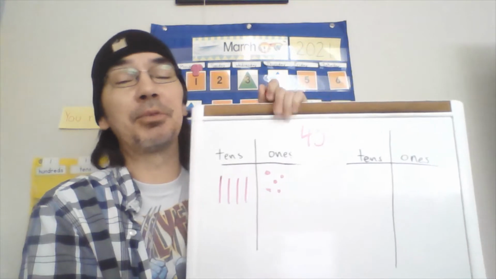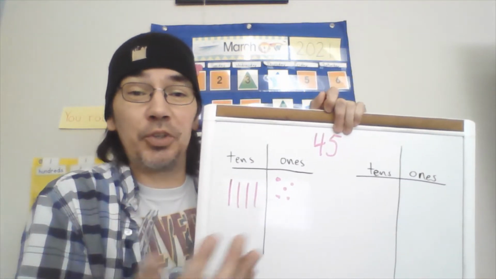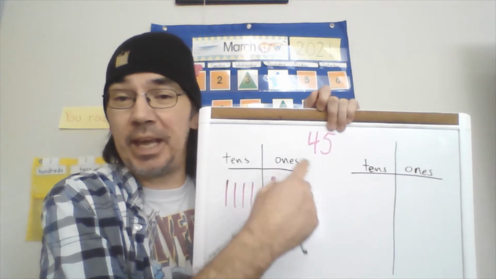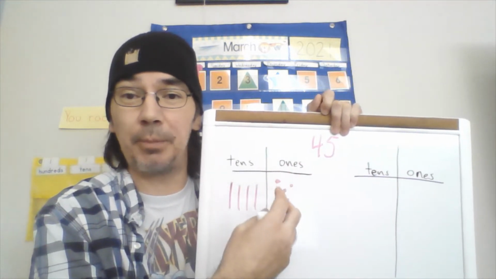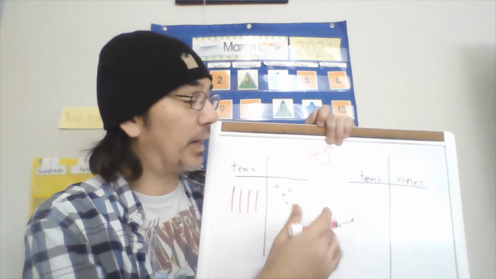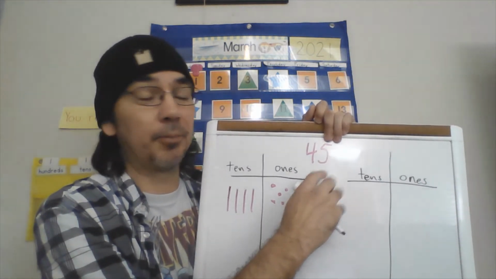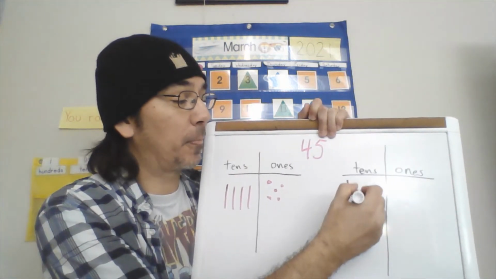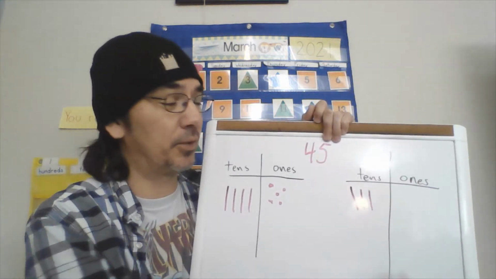We look at the number, we draw how many tens there are, how many ones there are. Well, sometimes the number will look different. Say, before you make a group of 10 out of ones. Maybe you have a bunch of ones and you haven't grouped them up yet. It'll look different. I'll show you. Now think about if we had 45 over here, but we only had 3 tens because we hadn't grouped up another 10.